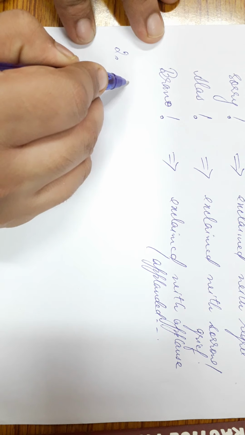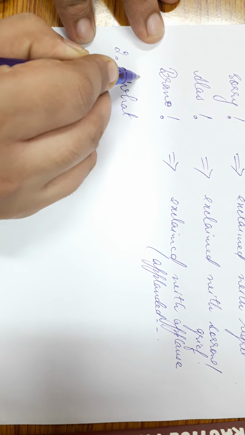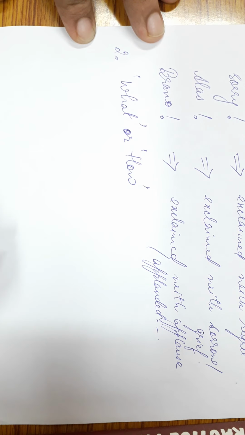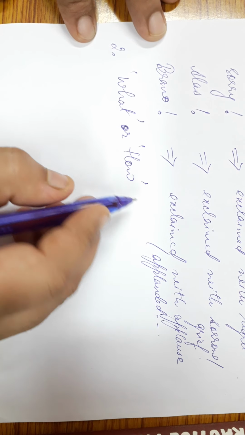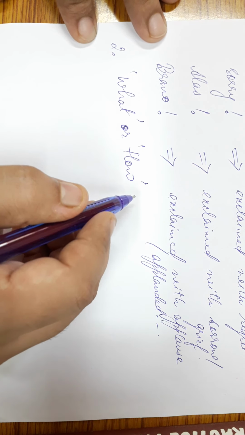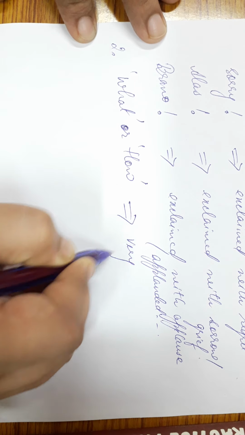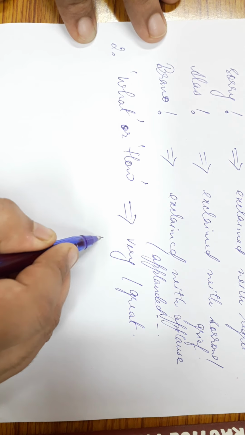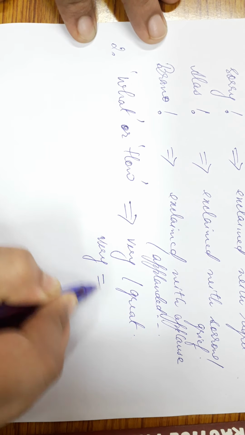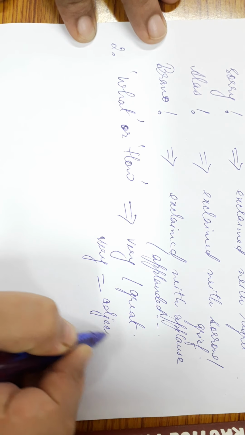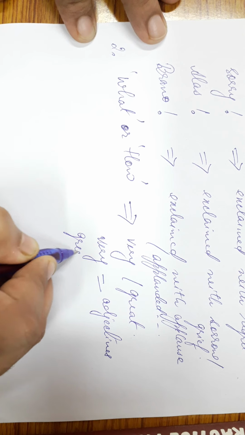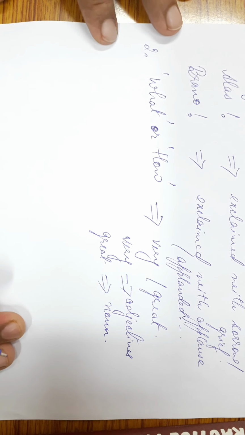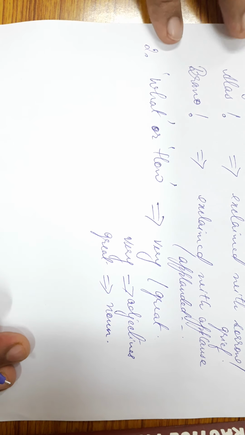Then, number 2, when we have words like what or say how in the direct speech, they are replaced with very or great. Okay. Now, very goes with adjectives and great goes with nouns. Okay. Now let me give you an example.